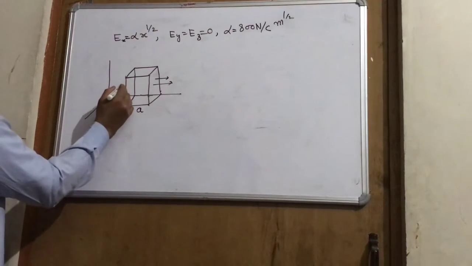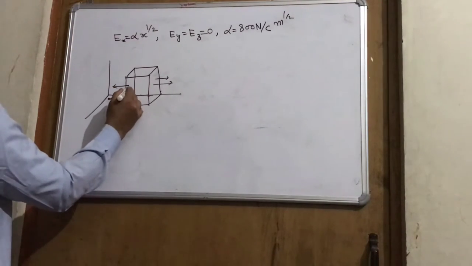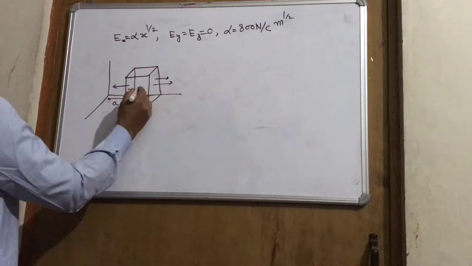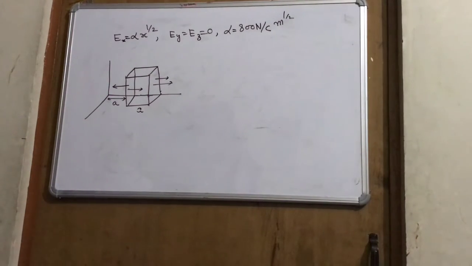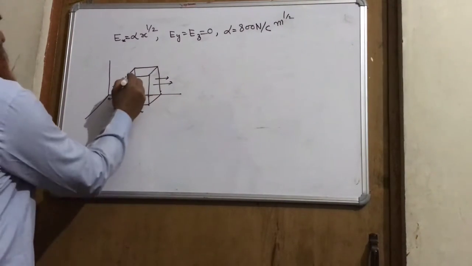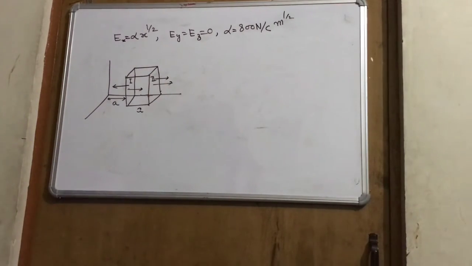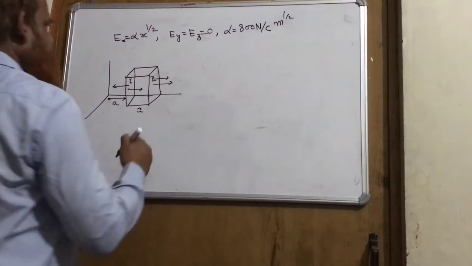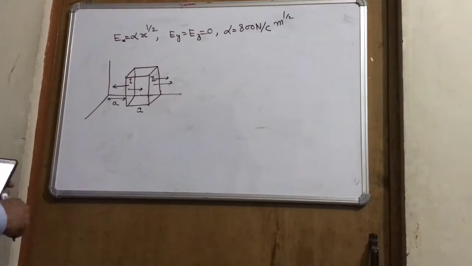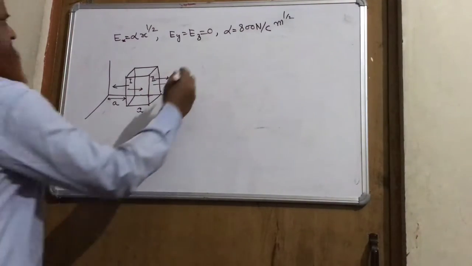In this case, the area vector is in this direction, but the electric field is in this direction. Flux in the YZ direction is 0 because Ey and Ez are 0. So we will find the flux along the x axis.